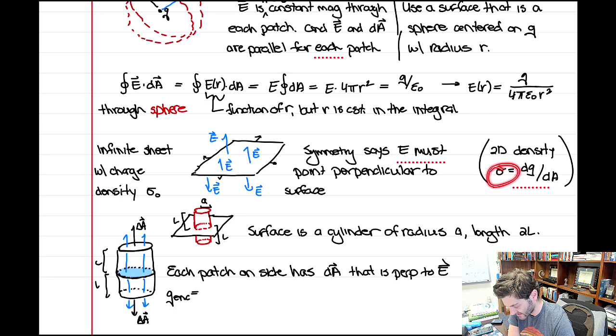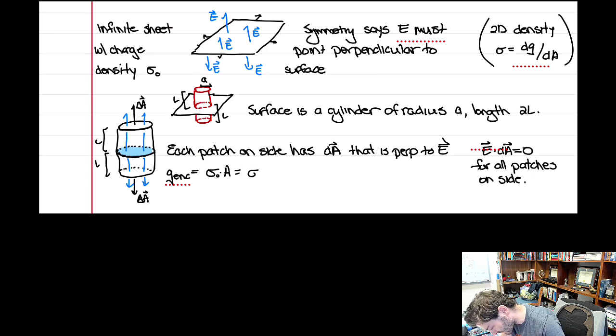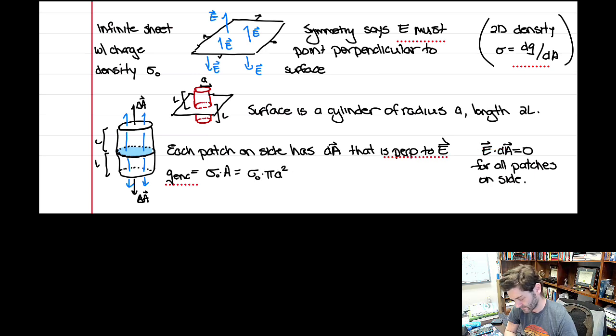If the charge density is charge over area, then the charge is the density times the area. So the total charge enclosed is just the charge density multiplied by the area, essentially that area I've shaded in blue. So sigma naught times pi a squared, the area of that blue disk. Okay?